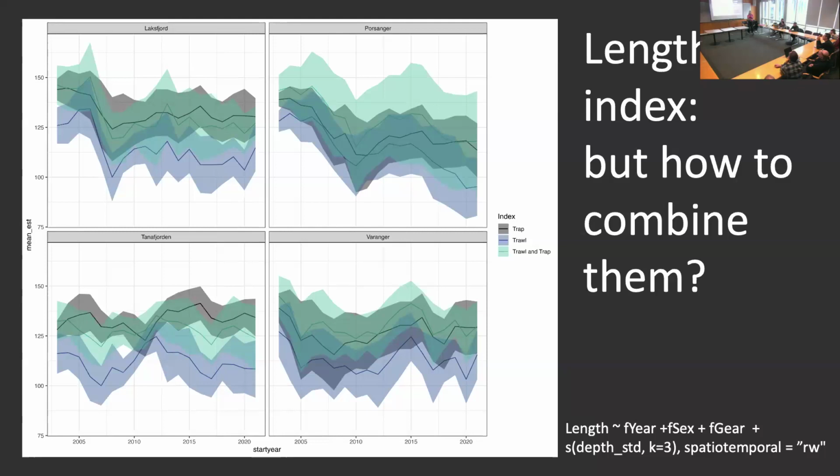Should you then put in this long trawl survey and this short video survey, and how are you going to weigh that into the assessment, or should you deal with that first? I think that's something we definitely should explore. It could definitely be handled in the assessment approach, but it also feels like you have a bit more control of what you're putting into the model if you're doing it this way.